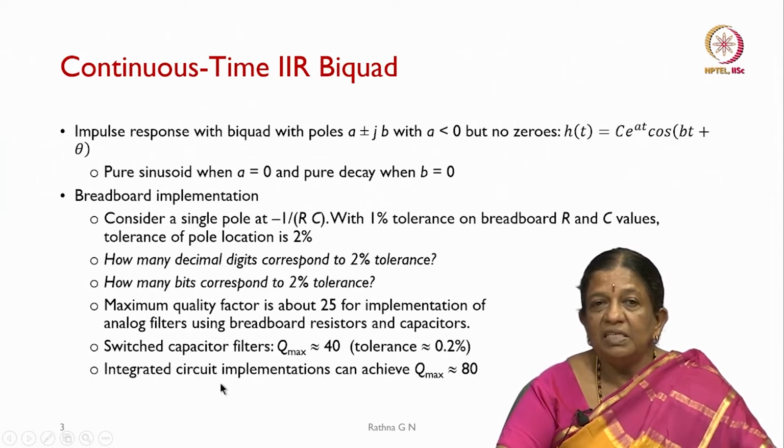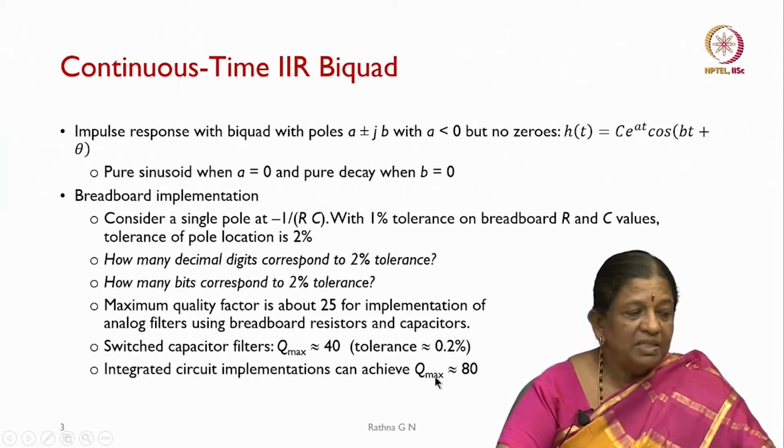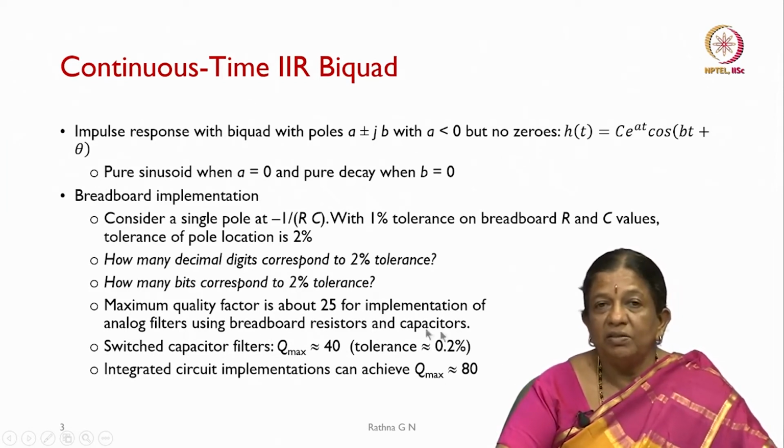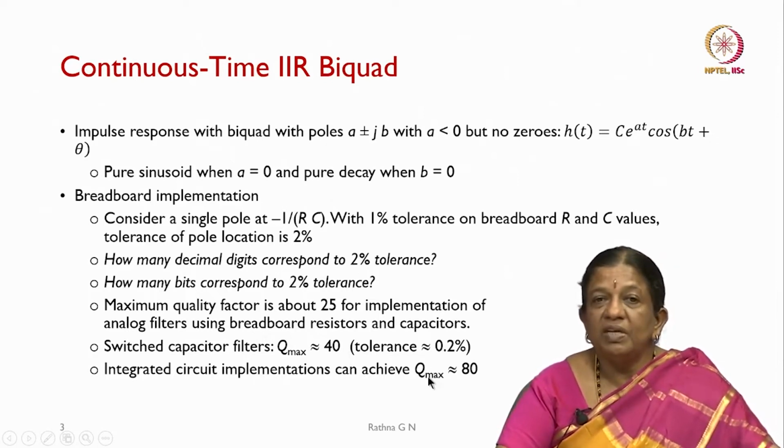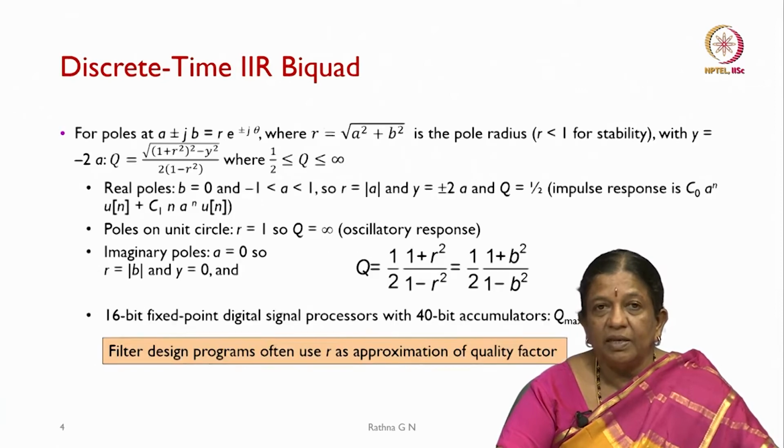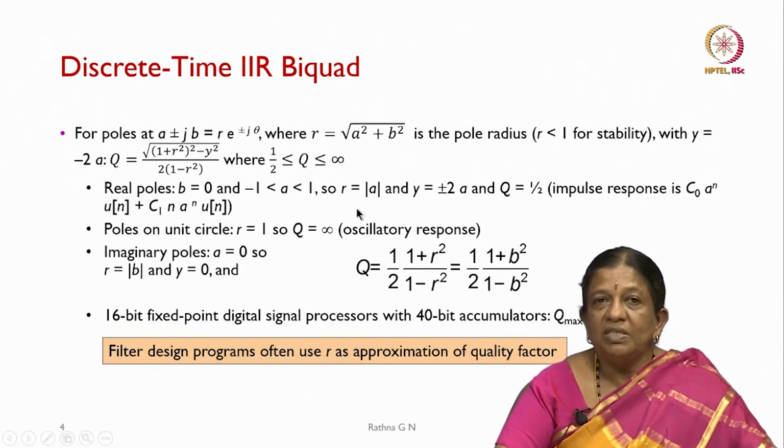An integrated circuit implementation can achieve a maximum of up to 80. So, you can see the breadboard is going to be about half of that of the IC design.